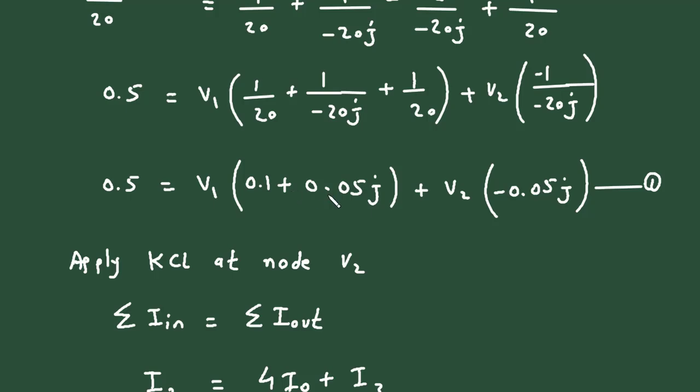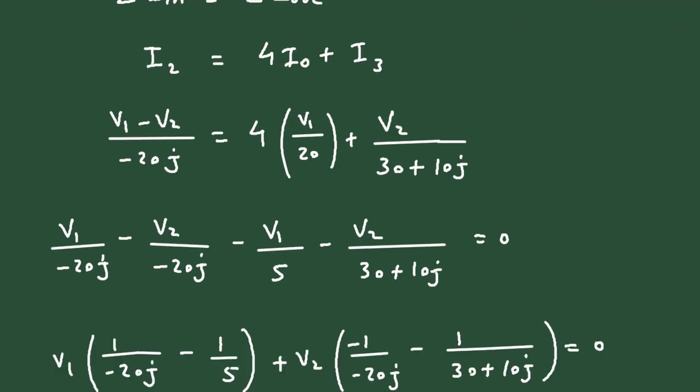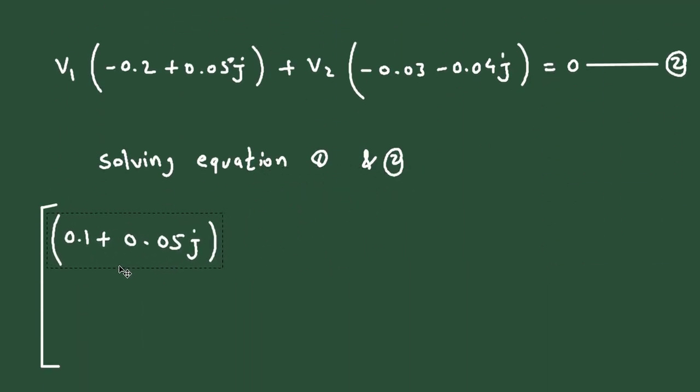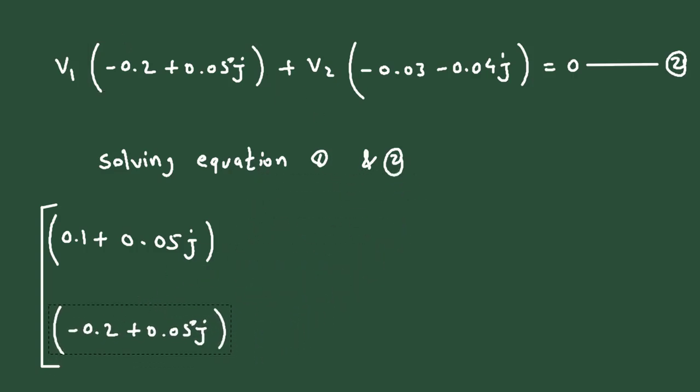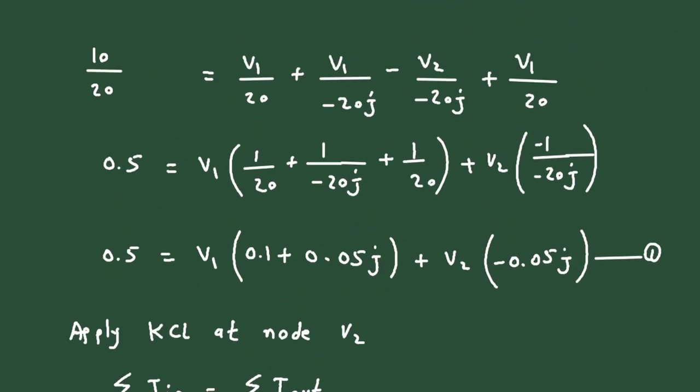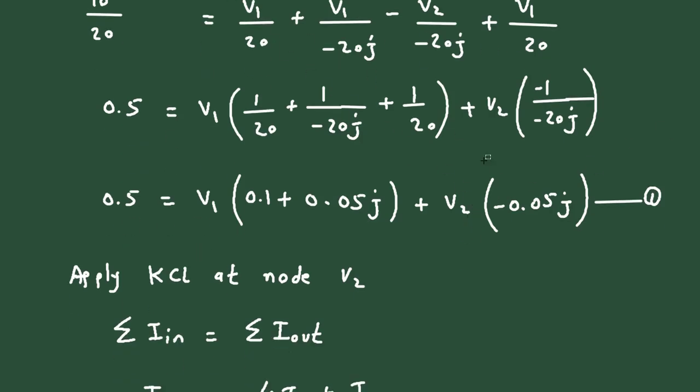So 0.1 plus 0.05 J, or let's copy it from here directly. So this is from equation 1 and this is from equation 2. Then next V2 term.